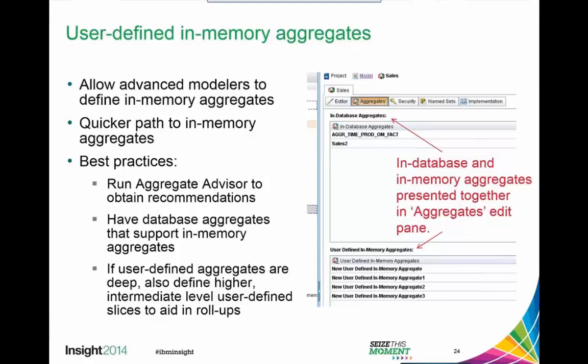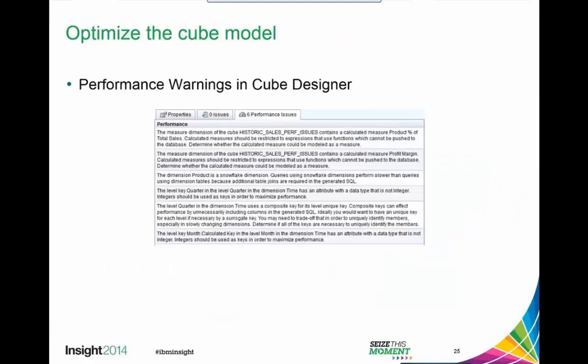So we also went over how to define in-memory aggregates in Cube Designer, and then making them real in Dynamic Query Analyzer and running it through the Aggregate Advisor workflow, and showing how you can apply a combination of user-defined in-memory aggregates, advisor-recommended aggregates, as well as those priming reports as different approaches to improving performance by priming and preloading those caches with aggregates.